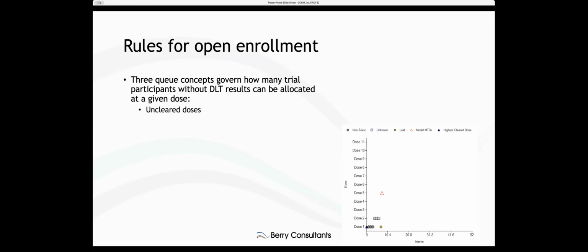By uncleared, what we mean is any dose for which we have not decided that there's enough information to consider it cleared. We don't necessarily have to consider it safe, but we have to consider it cleared. And that's something that you can set in FACTS. For example, you require 3 patients to have completed on that dose.